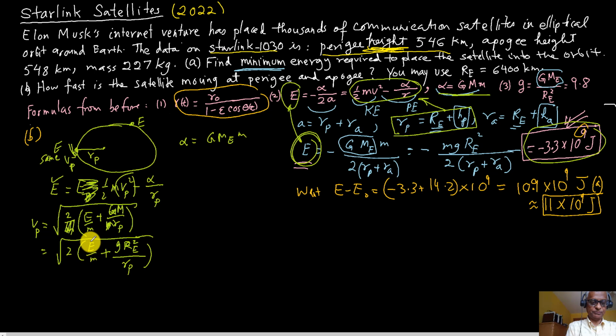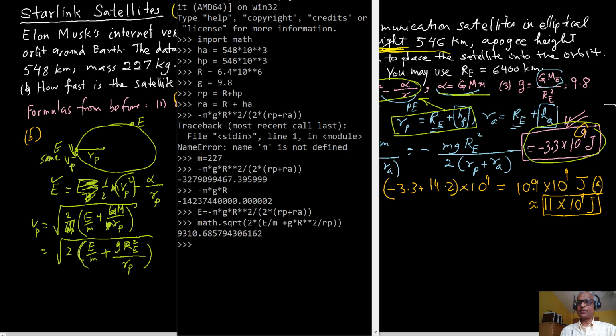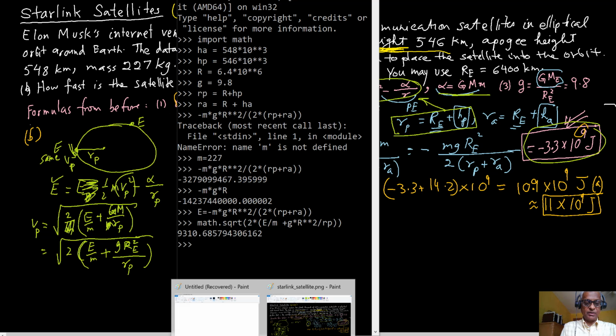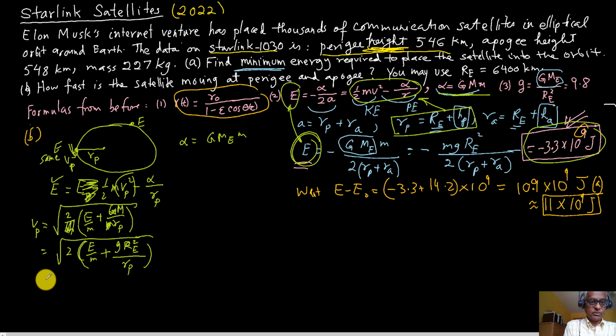I'm going to give you the numerical value when I work it out. So I put these formulas in and just use the Python script, and it comes out to be 9.31 kilometers per second. So that's the answer for Vp.